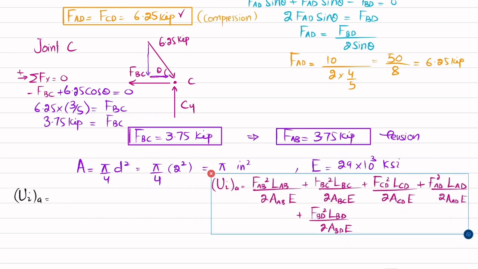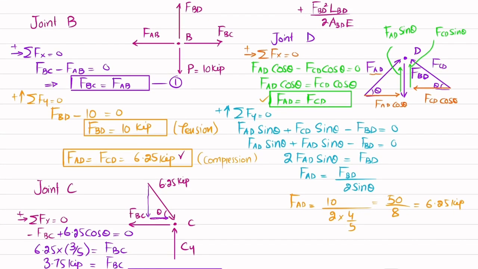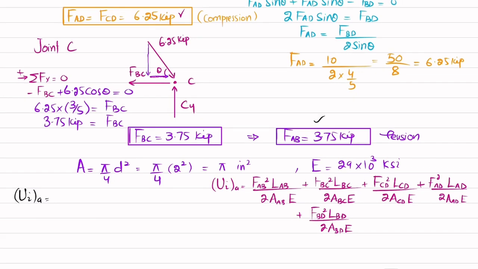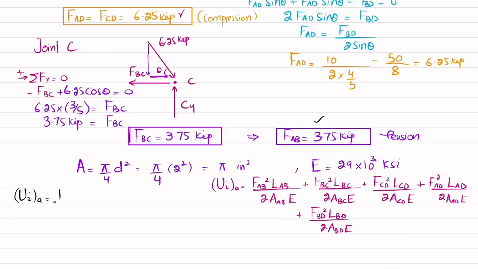Clear? So what we are going to do, FAB. FAB is this one, 3.75. We will take the 1 over 2AE common, and we will left FAB 3.75.